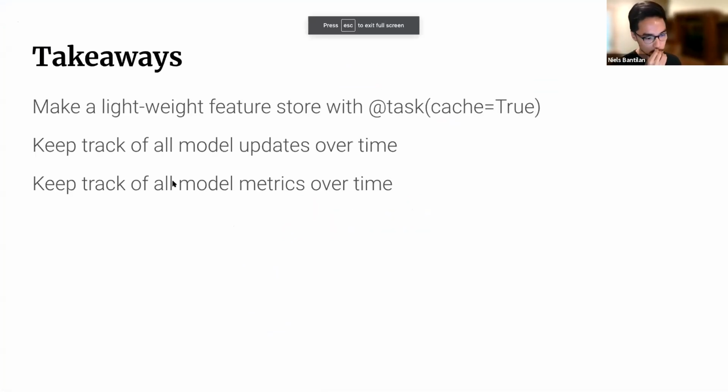So that's it, really. The takeaways that I got building this: I started off with pure Python code, and then I wanted to see what it was like to port my Python code base over to Flyte. And it's pretty straightforward, I have to say. A few things that I learned is you can make a lightweight feature store if you make a task that's cached for one training instance.